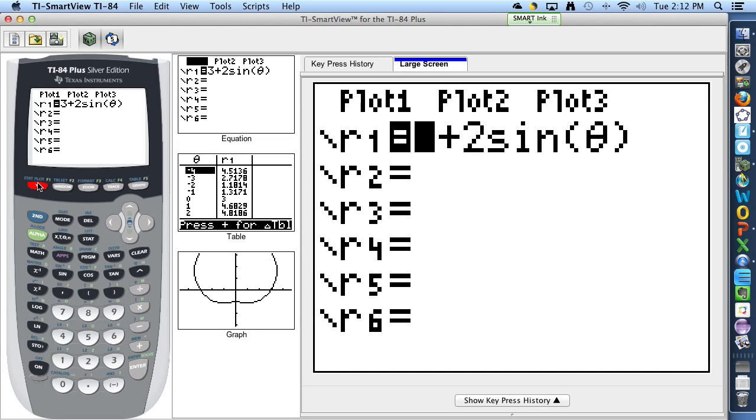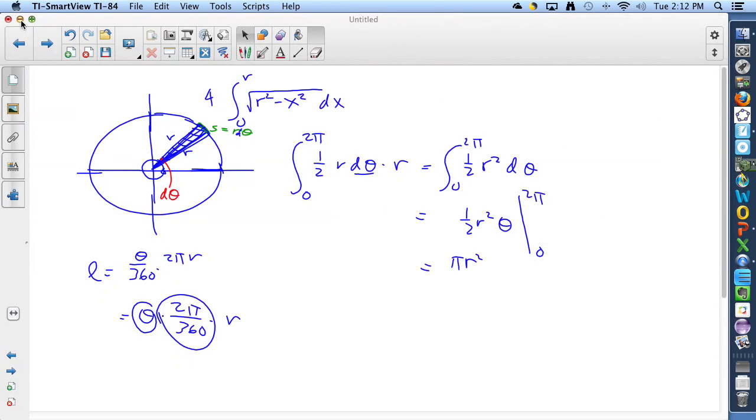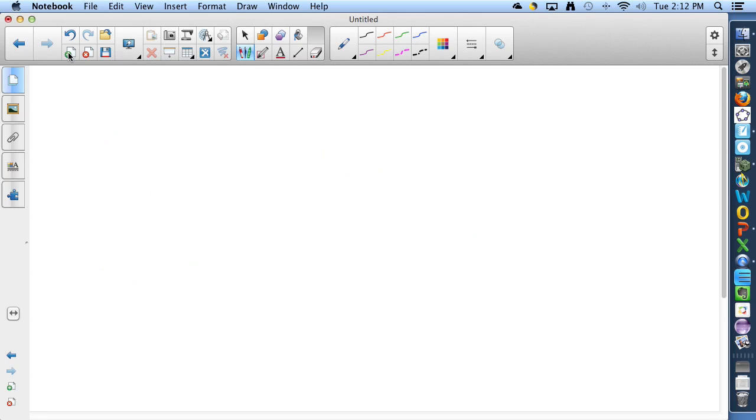All right, let me talk to you a little about slope. I want to remind you that x is r cosine theta, and y is r sine theta. So in essence, x and y are parametric with respect to theta and r, because r is a function.